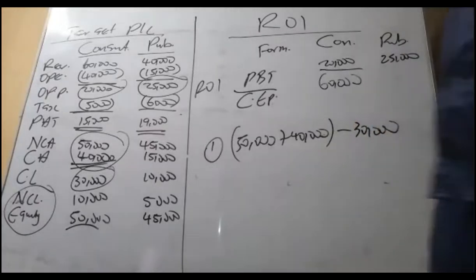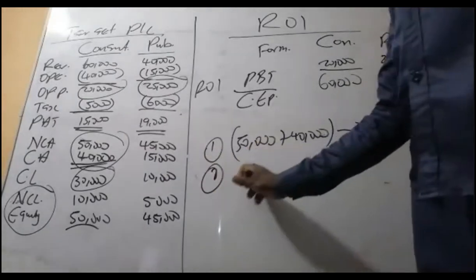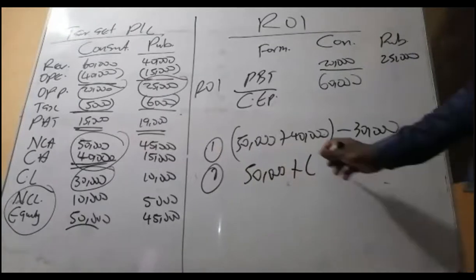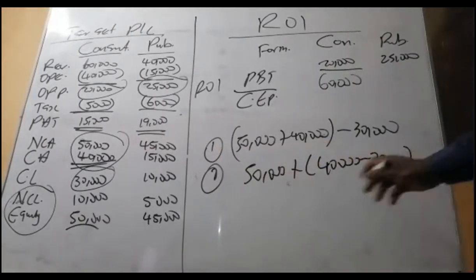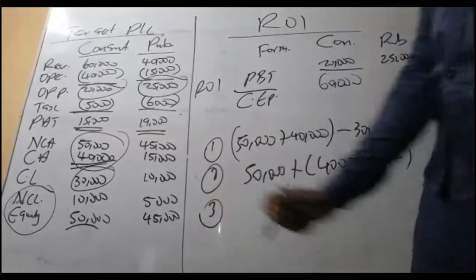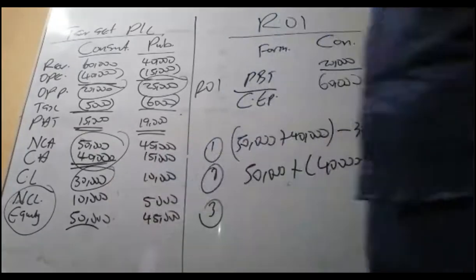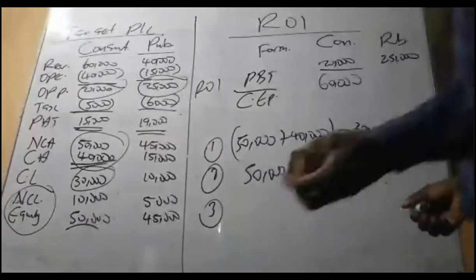That's method one. Method two, non-current asset of 50 plus working capital, which is 40,000 less 30,000, gives 60. Then working three, equity plus non-current liability, also gives 60. So whichever method you use, the answer must be the same.